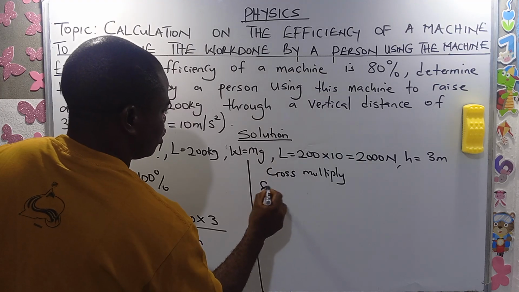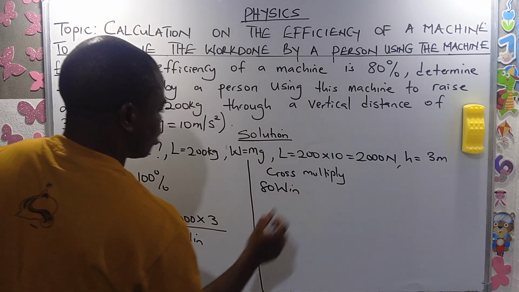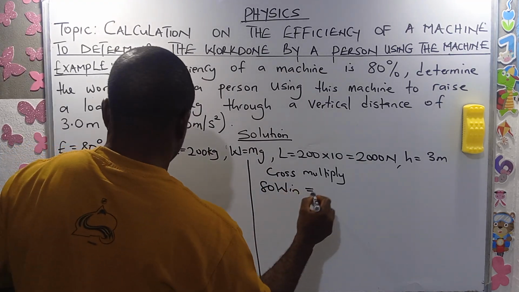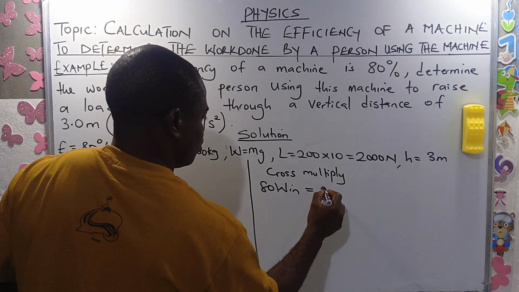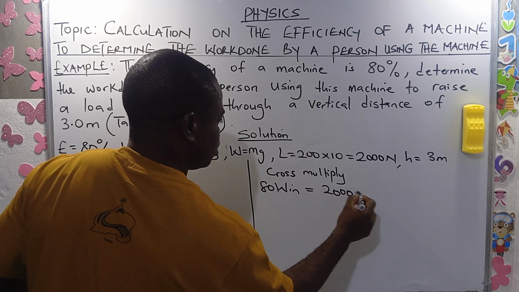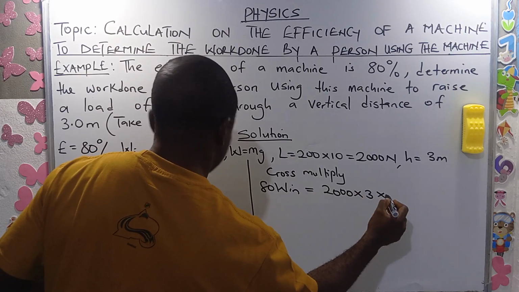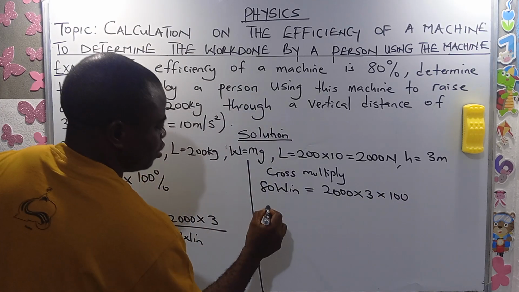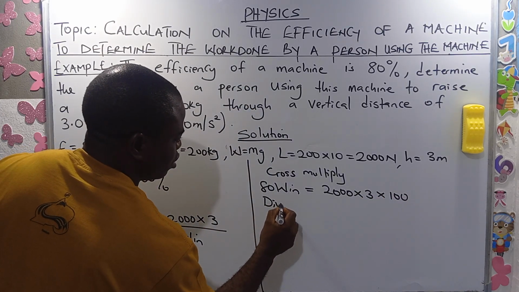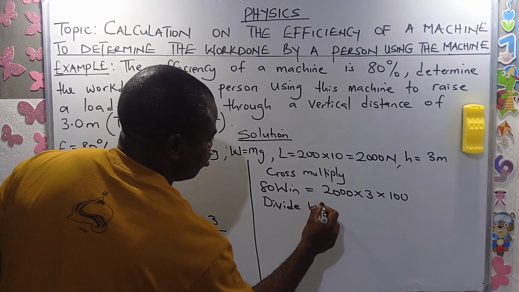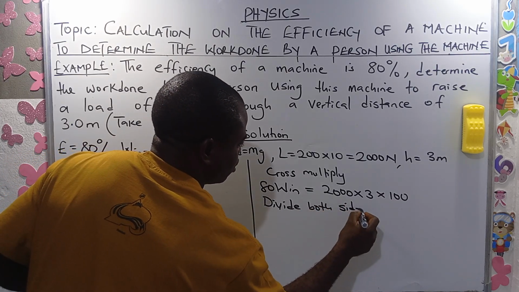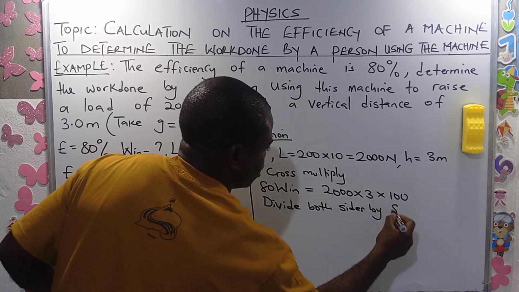Now 80 multiplied by work input equals 2000 times 3 times 100. Divide both sides by 80.